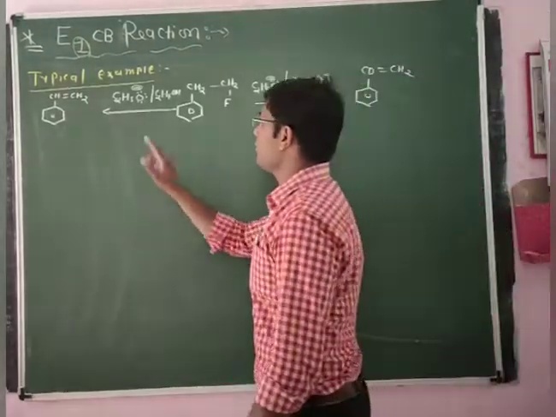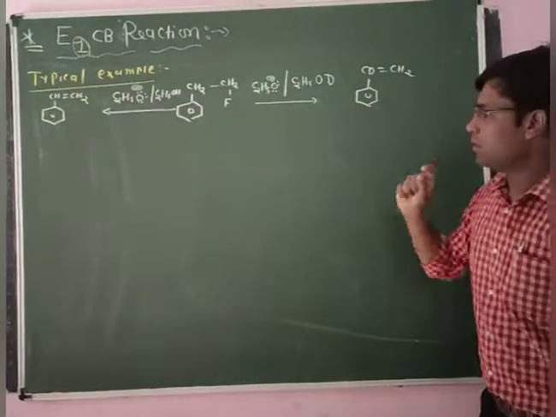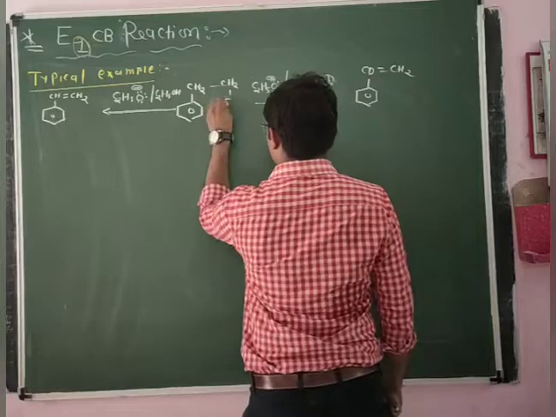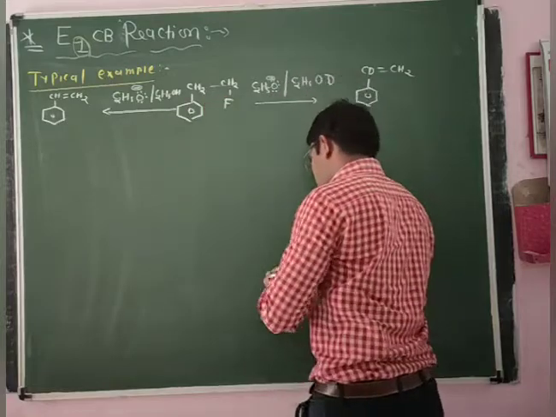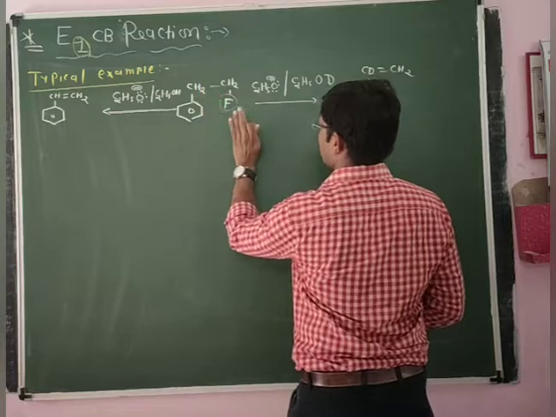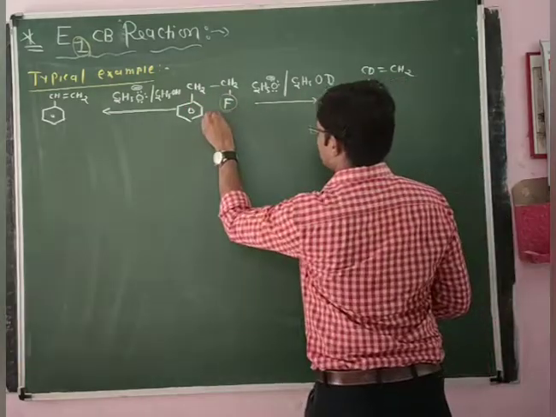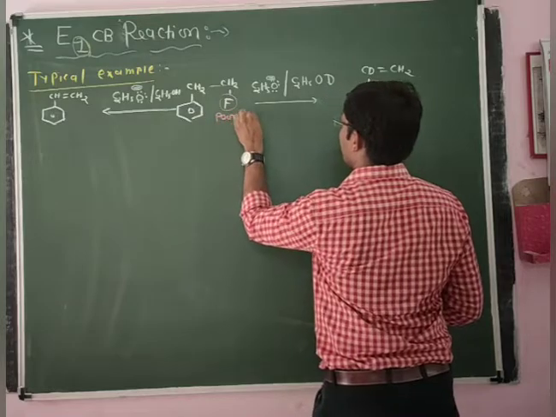Now we will understand one more typical example regarding the E1cB reaction. Here you know very well chlorine is our leaving group, and we have a polar aprotic solvent, so this is an E1cB reaction. Clear? This is the poor leaving group.